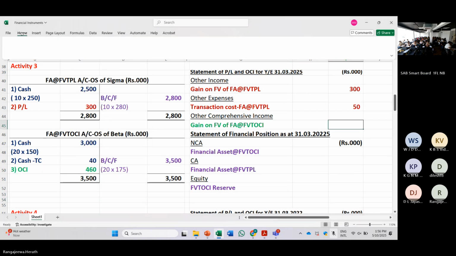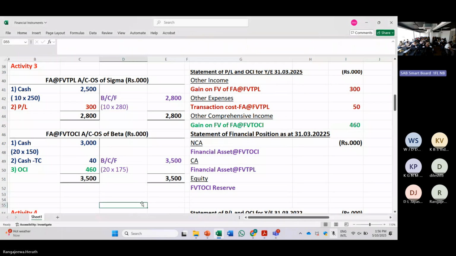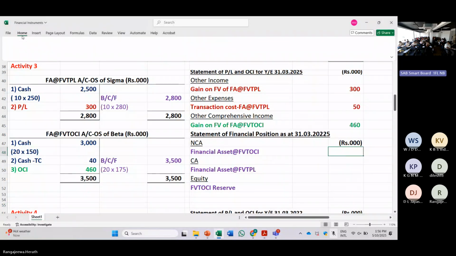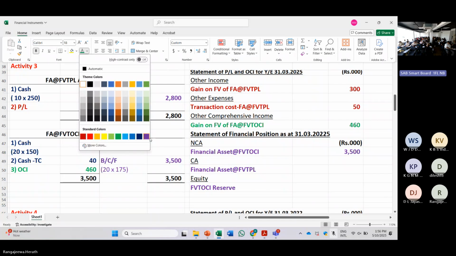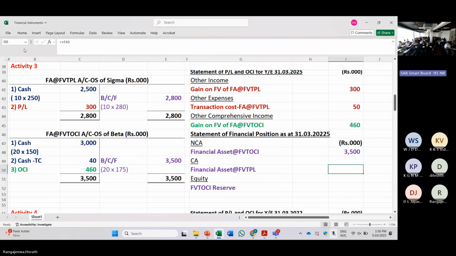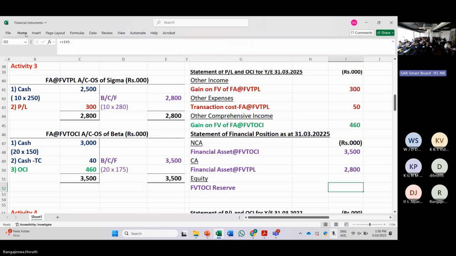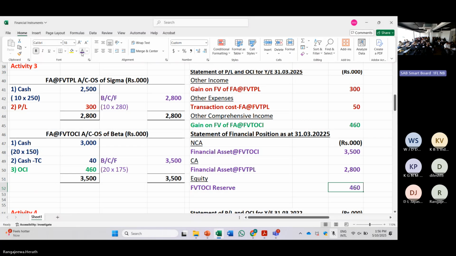The fair value through OCI financial asset we can record as non-current asset. Financial asset at fair value through P&L 2,800 you can record as a current asset. This 460 you can accumulate in fair value through OCI reserve.